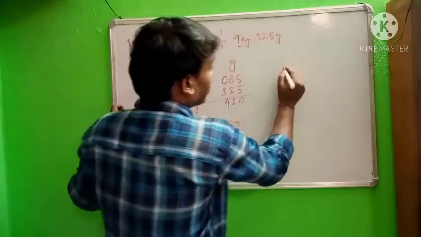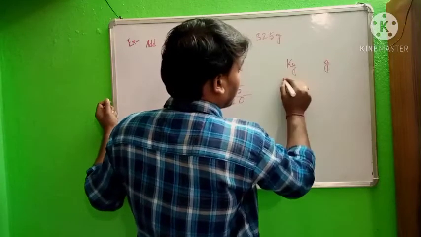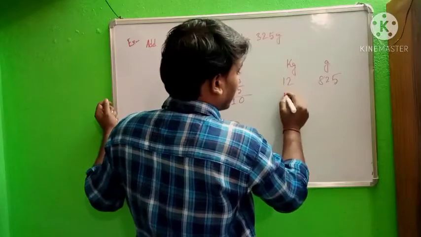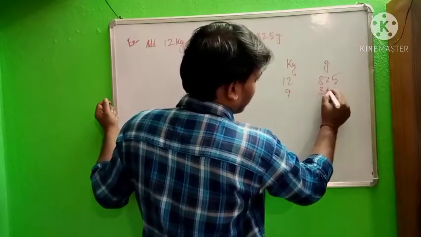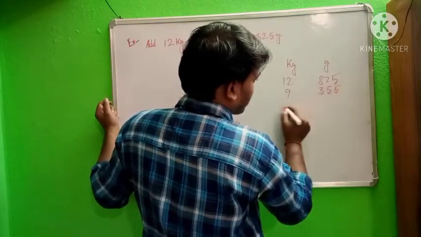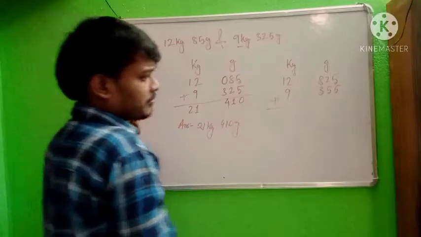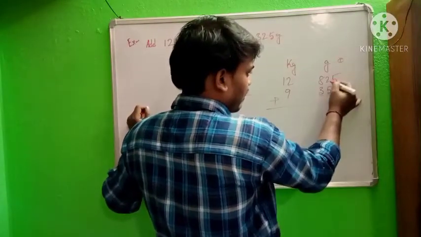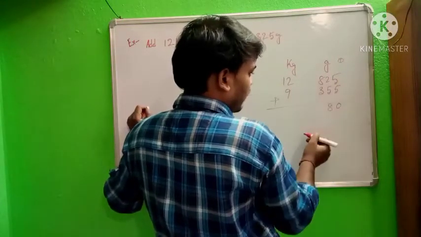Another example: add 12 kg 825 gram and 9 kg 355 gram. Okay, in that case, 5 plus 5, 10, put 0, carry 1. 2 plus 5 is 7 and 1, 8. 8 plus 3, 11.